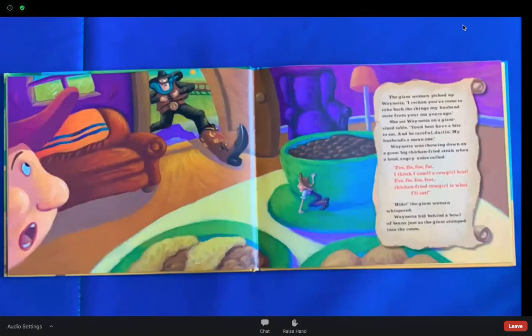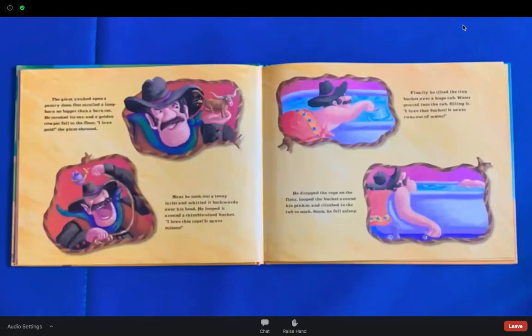Chicken fried steak when a loud, angry voice called, "Fee, fi, fo, fat. I think I smell a cowgirl brat. Fee, fi, fo, feet. Chicken fried cowgirls, what I'll eat." "Hide," the giant woman whispered. Whenetta hid behind a bowl of beans just as the giant stomped into the room. The giant yanked open a pantry door. Out strolled a longhorn, no bigger than a barn cat. He stroked its ear, and a golden cowpat fell to the floor.